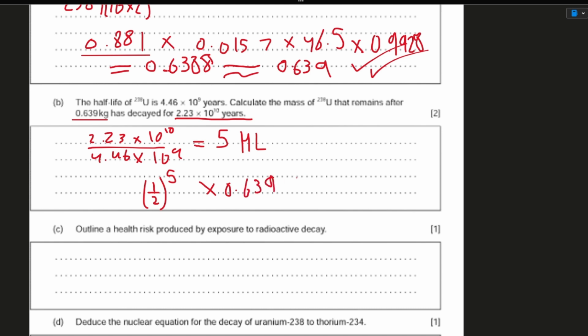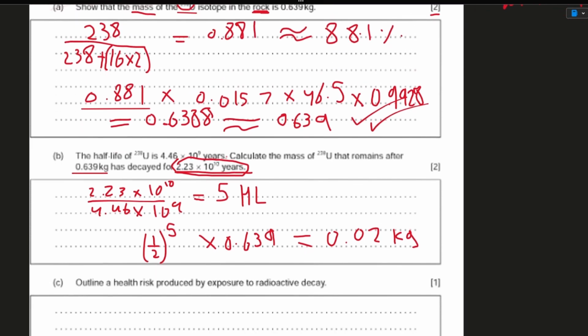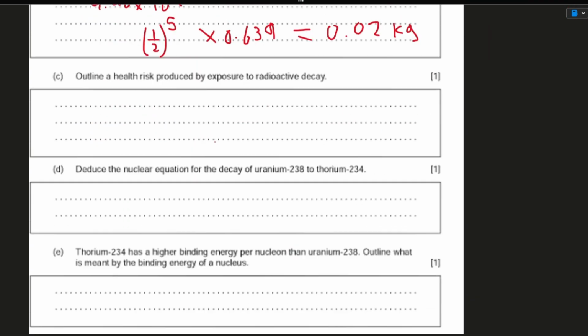If I put it in a calculator, we should have 0.0199, which is just 0.2 kilograms of uranium-238 left after it's decayed for this long. That's a much simpler 2-marker compared to the last one.